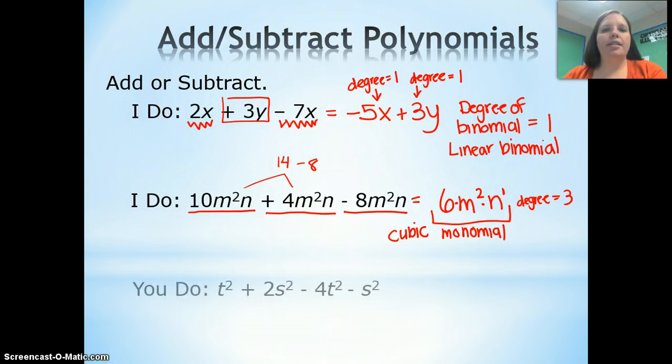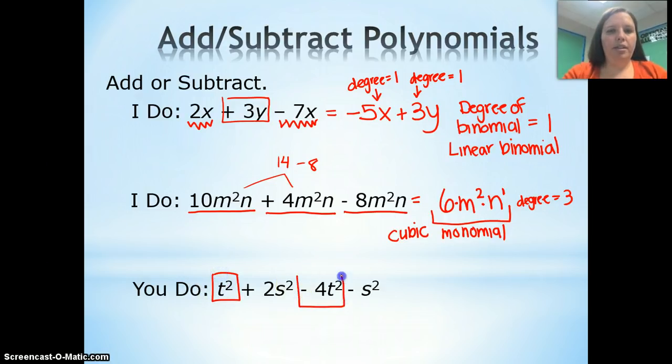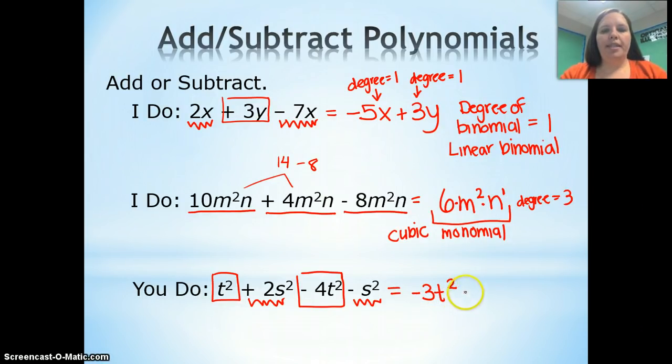So adding or subtracting, you try this one. Pause, try it. The answer is, we have two sets of t squareds, and we have two sets of s squareds. So t squared minus 4t squared is negative 3t squared. 2s squared minus s squared, so that's minus 1s squared, gives us a single positive s squared left.